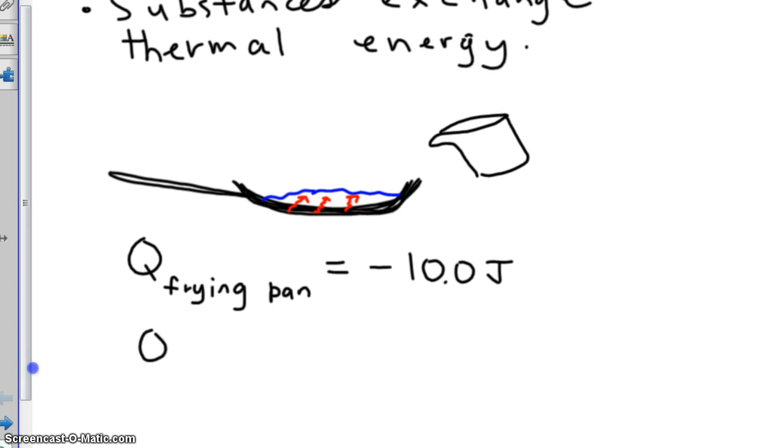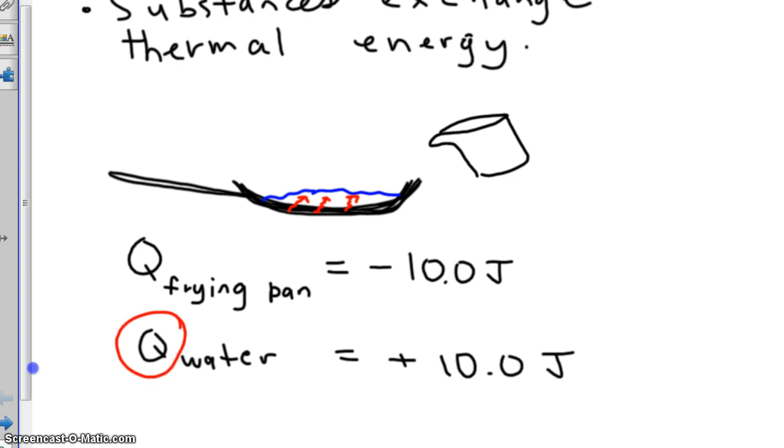The water, on the other hand, is gaining that 10 joules, which means the Q, the thermal energy of the water, is positive 10 joules.